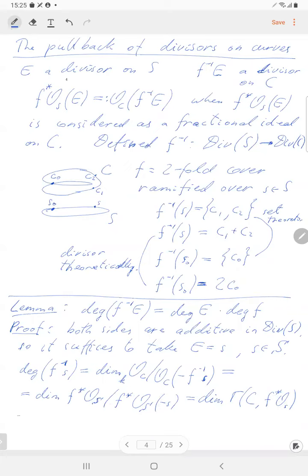Now this is the dimension of the push forward. So we go back to the base curve, like this. And now here we use the projection formula.